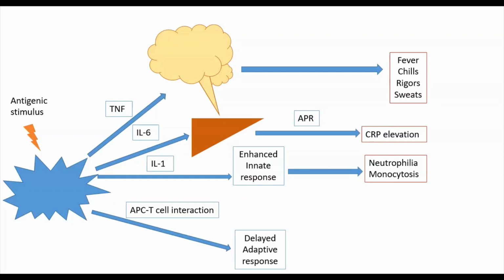Although we now recognize that there are many different T helper cell subsets, for simplicity, there are two main T helper cell subsets, including Th1, which is driven by interleukin 12 and leads to enhanced production of interferon gamma and TNF alpha, which promotes cell-mediated immunity and enhances the innate response.